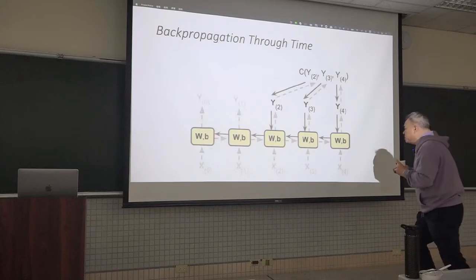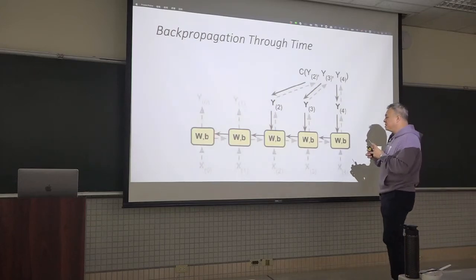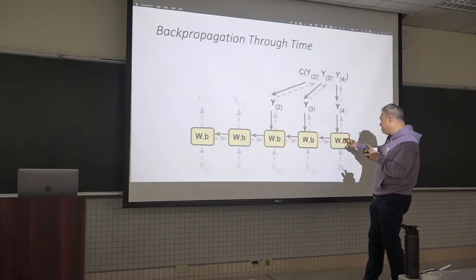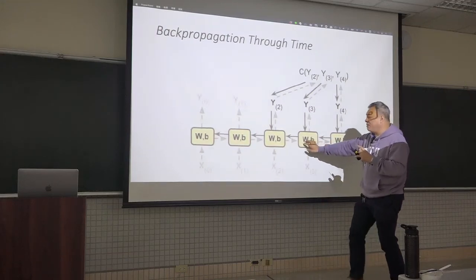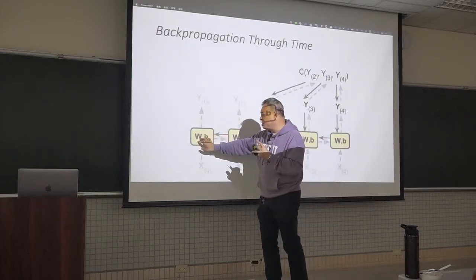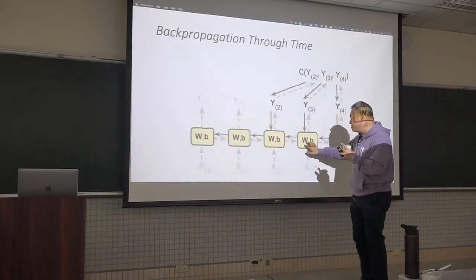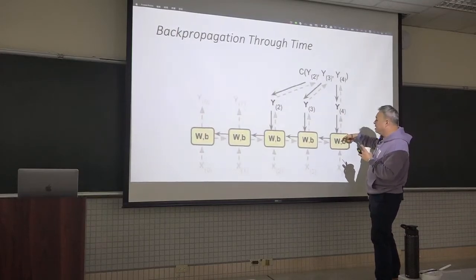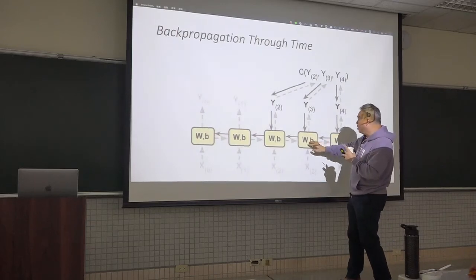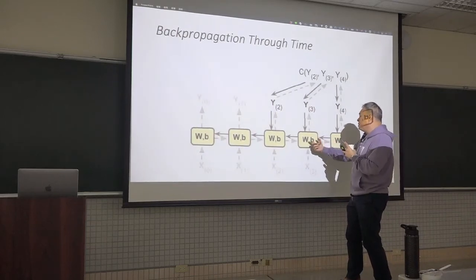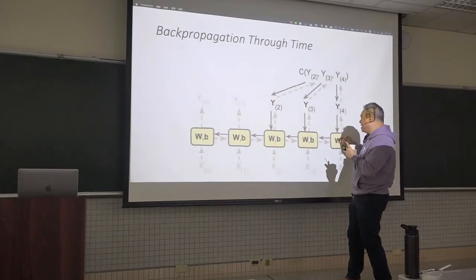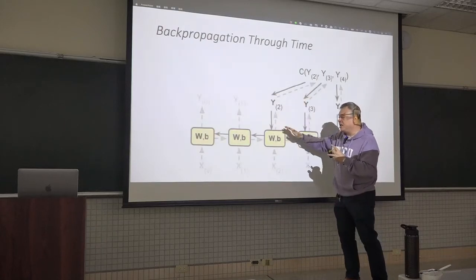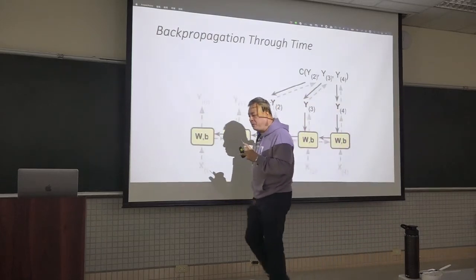So this is very special. Think about this: W is a weight, B is a bias, and all these W and B represent the same set of W and B. You can see this WB will be affected here, but the same set of W and B will also be affected by this gradient and this gradient. So the same set of W and B is going to be affected in multiple ways.